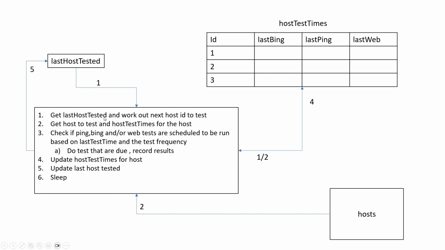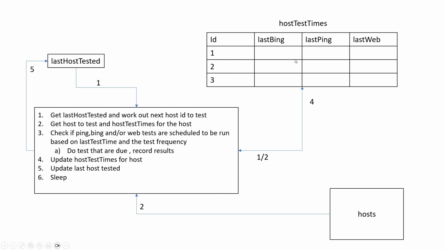So we get the last host tested, and then we're going to have to run through and find out what the next host by ID number would be. So with that host, once we know which one we're going to test, then we go and get the host test times.